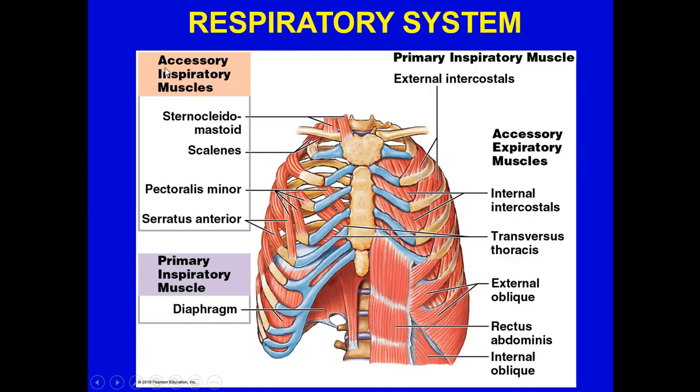As you can see here, here are the accessory inspiratory muscles as opposed to the primary inspiratory. In primary inspiratory, external intercostals, diaphragm. The accessory inspiratory muscles, the sternocleidomastoid, the scalenes, the pectoralis minor, and the serratus anterior.